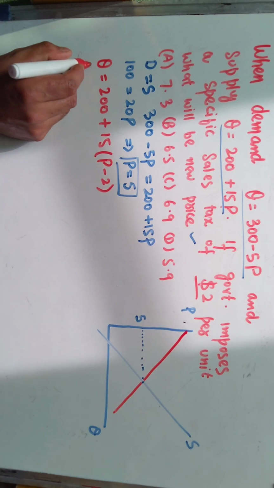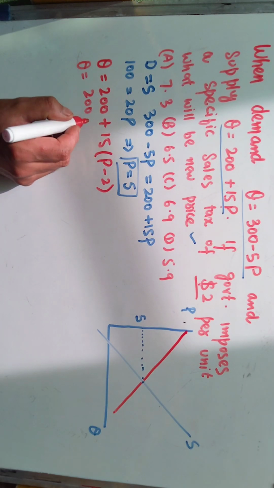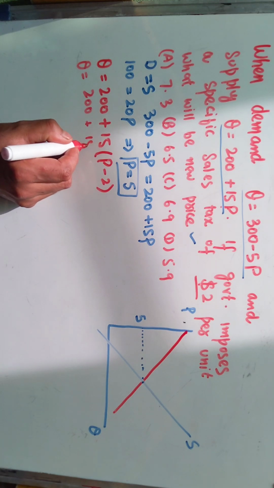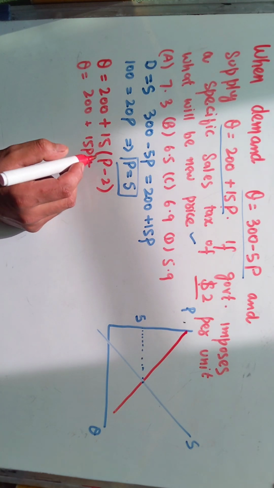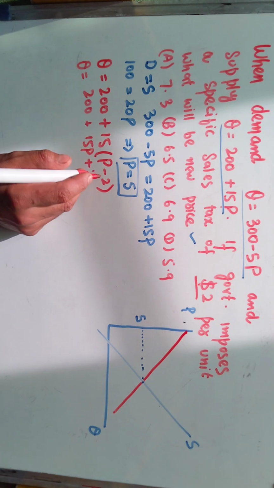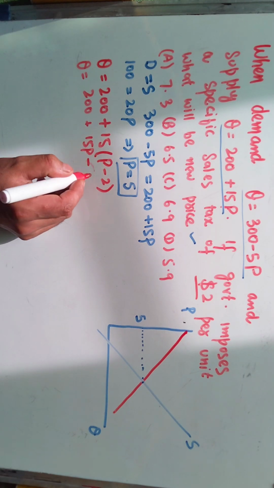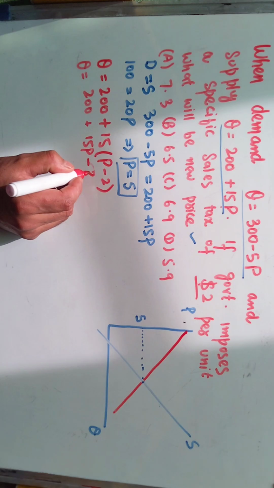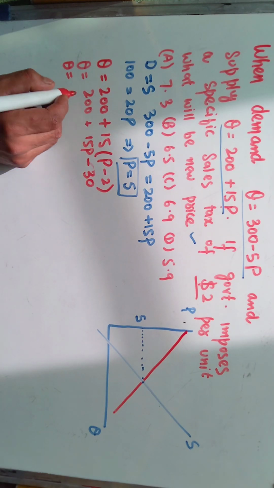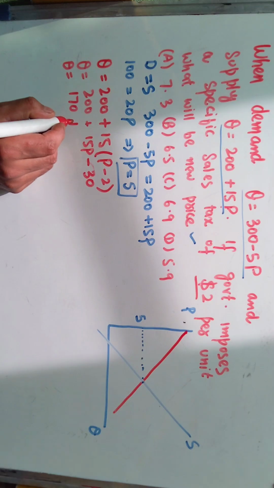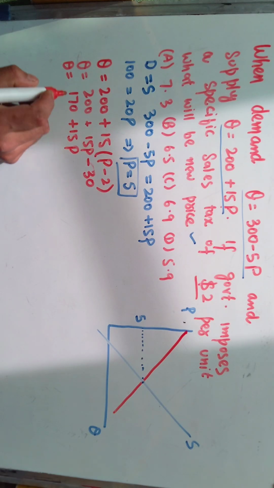So the new supply function will be 200 + 15(P - 2), which is 15 into minus 2, which is minus 30. So the new supply function will be 200 - 30, which is 170 + 15P.